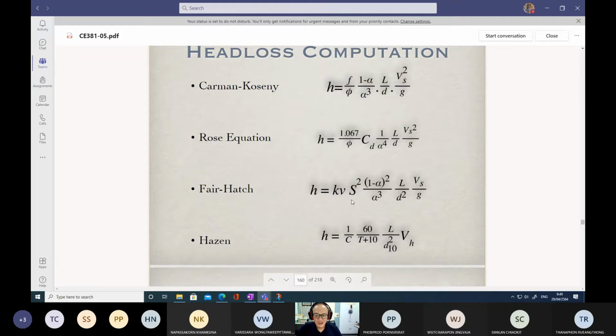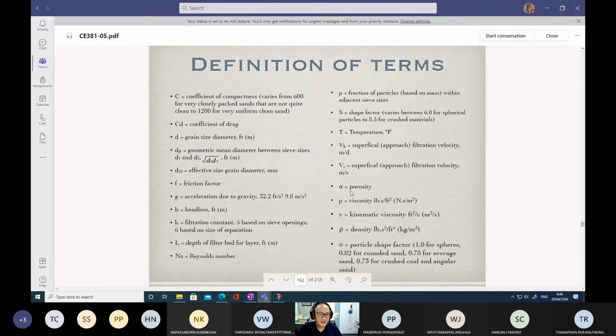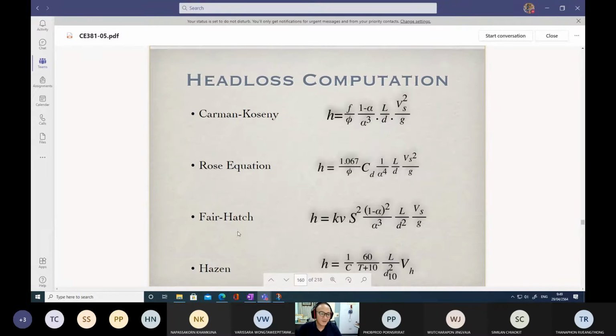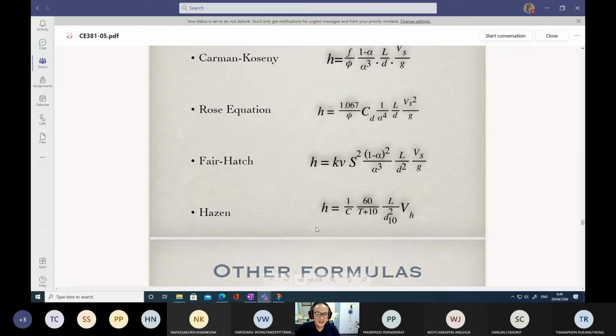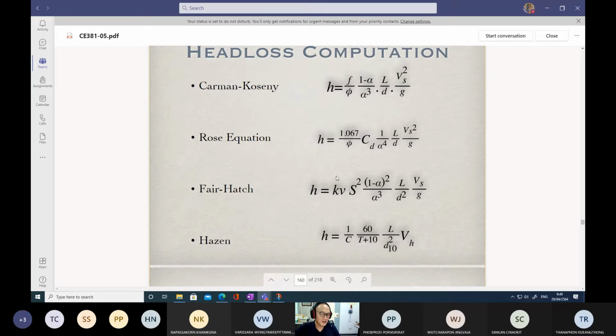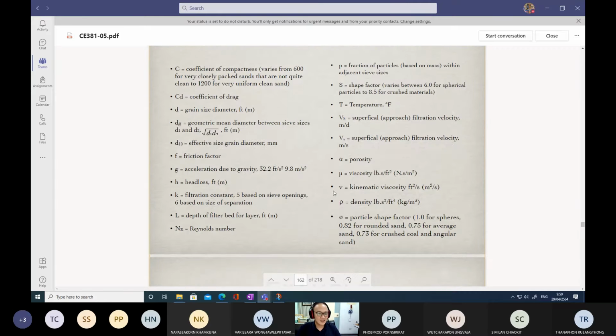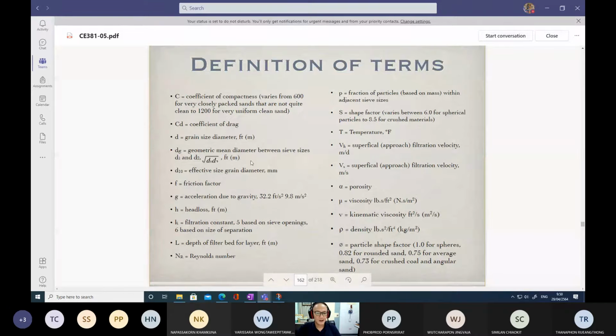Sometimes you have information about the filtration constants, for example, and kinematic viscosities, and you can apply other equations like the Fair and Hatch equations. Hazen's equation you can also use. So there are many equations, and most of these equations are empirical formulas. As I told you, whenever you use these equations, you have to follow the definitions and then check the units.